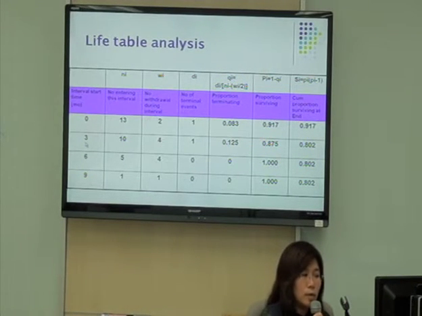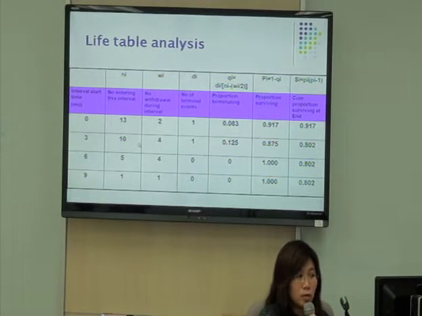Next interval, 3 months. Because we started with 13, right? Withdraw 2, terminate 1, so you left 10 subjects entering here. 10 subjects enter here, withdraw 4, terminate 1, dead 1. So this is the proportion of dead here. So NI 10 minus WI 4 divided by 2, and QI equals 0.125.